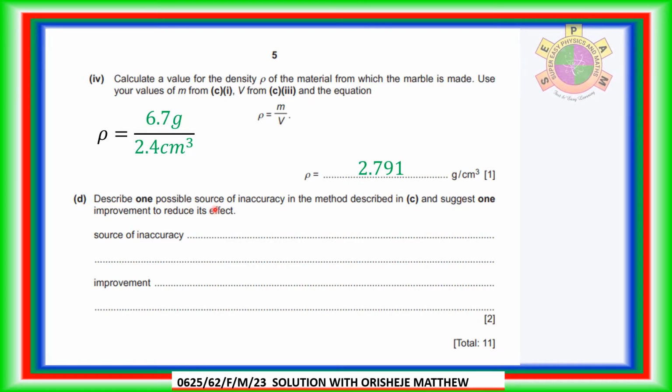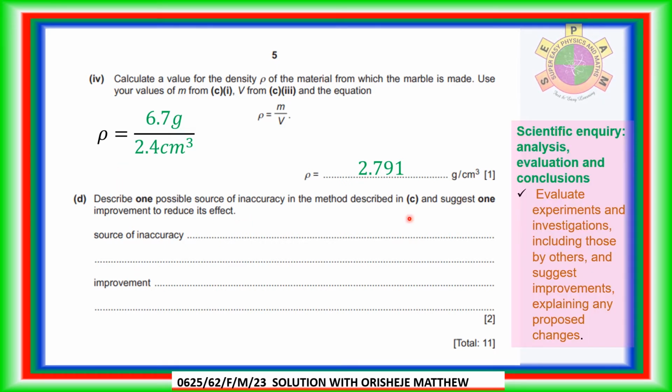Describe one possible source of inaccuracy in the method described in C, and suggest one improvement to reduce its effect. So this question is testing your scientific inquiry, your ability to carry out analysis, evaluation, and conclusion.